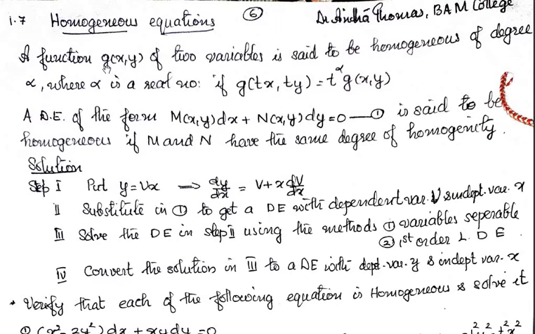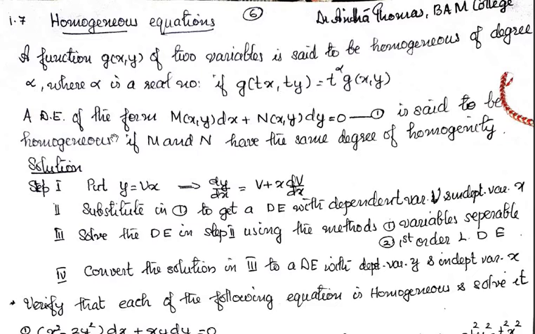That means if you replace x by tx and y by ty in this function, you will get this type of function, and the result should be like that. You can take out t raised to alpha, and there is our first function g of x comma y. Then we say that g of x comma y is a homogeneous function of degree alpha.